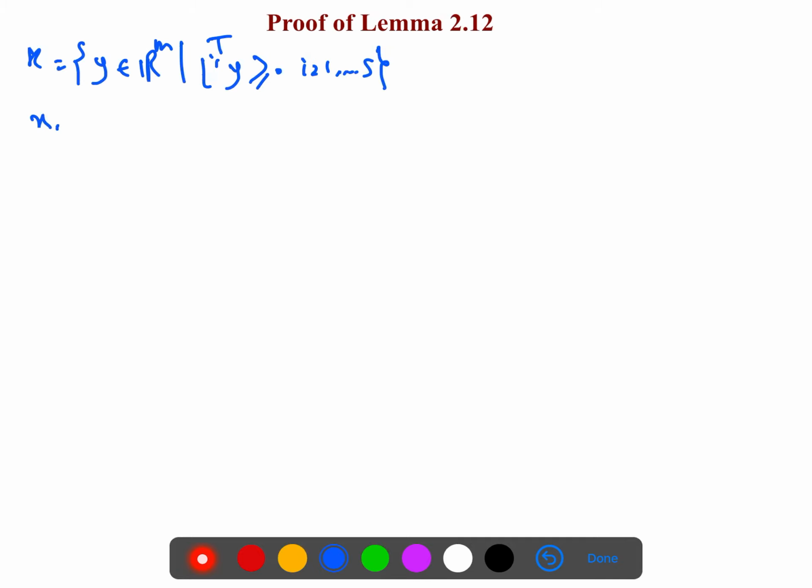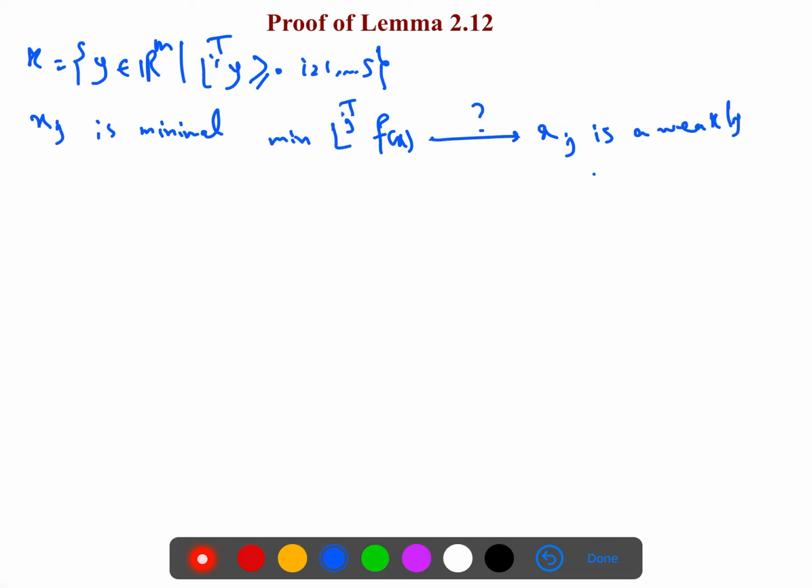So the theorem says if xj is a minimal solution of the minimization problem of Lj transpose f of x, which I said is easy because it's a scalar optimization, then we should prove that xj is a weakly k-minimal point. So I use proof by contradiction, as I always do. I assume that xj is not weakly k-minimal.